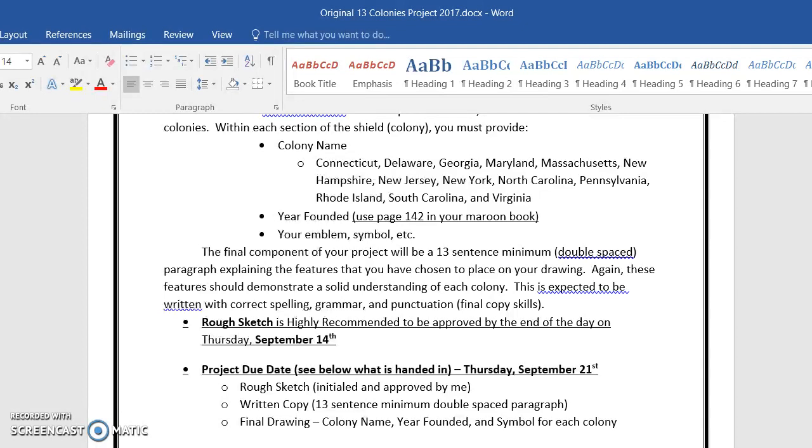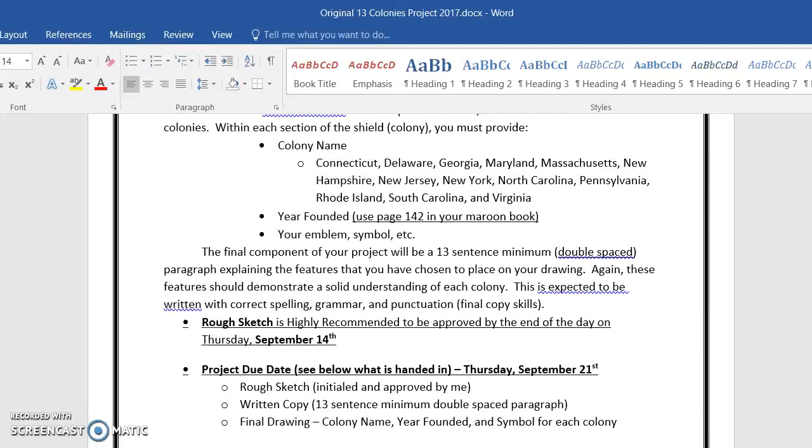But it is highly recommended that your rough sketch is approved by me by the end of the school day on Thursday, September 14th. Again, you're going to have roughly half of Wednesday in class and all of Thursday in class. Goal for you, have it approved by me by the end of the school day on September 14th so that you have everything you need going into the weekend.